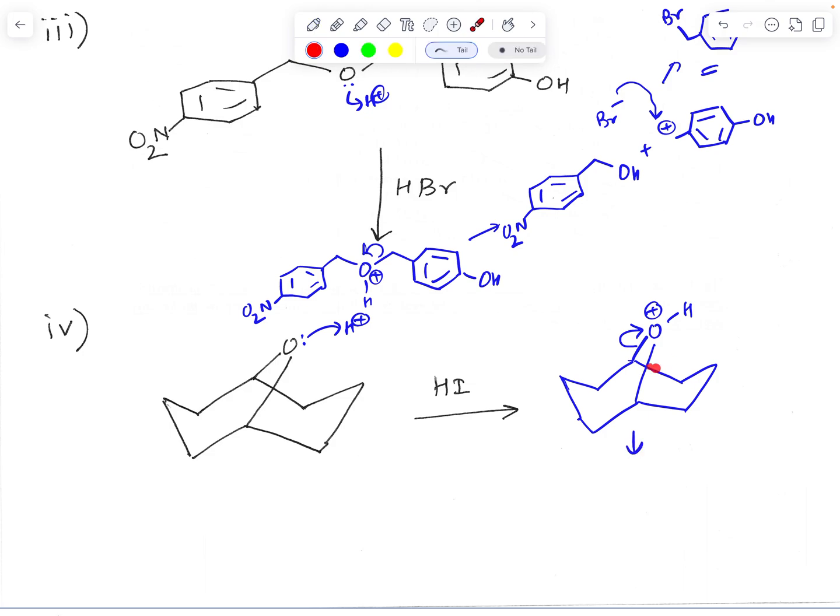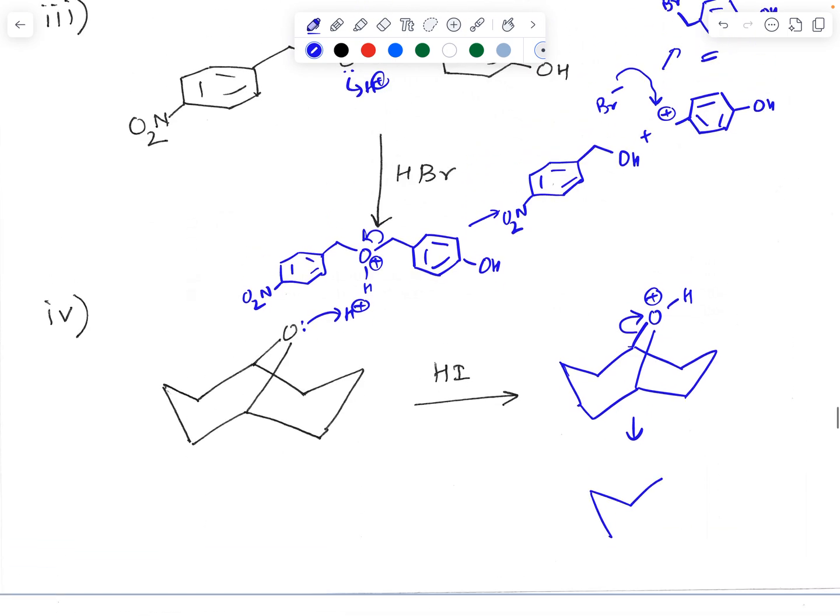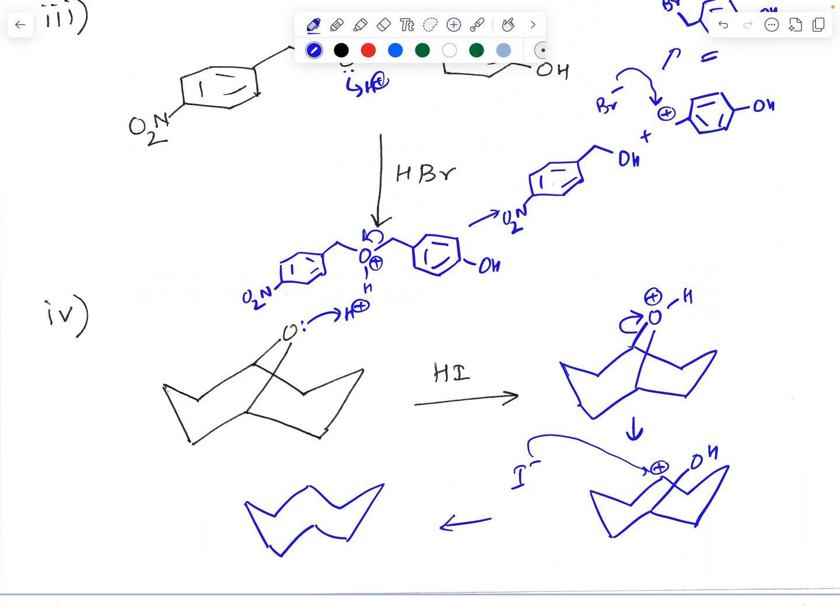It doesn't matter, you can choose to break this bond, entirely your choice. And there's the carbocation, and then the I minus will attack that, giving you that as your product.